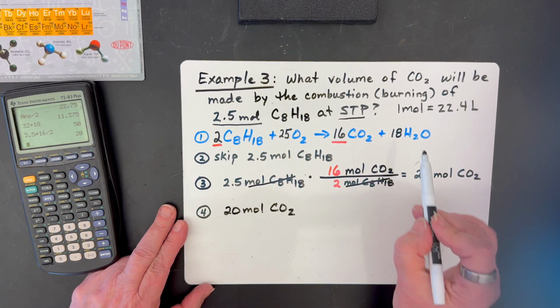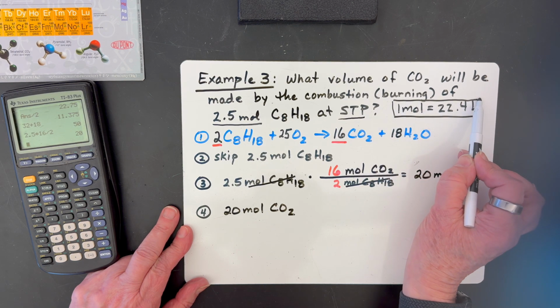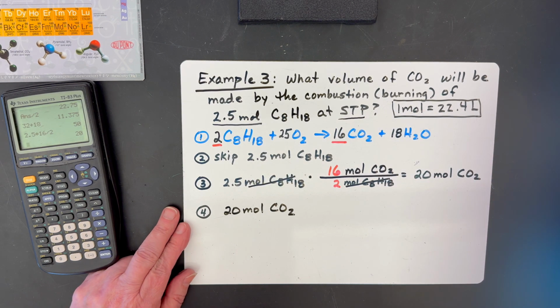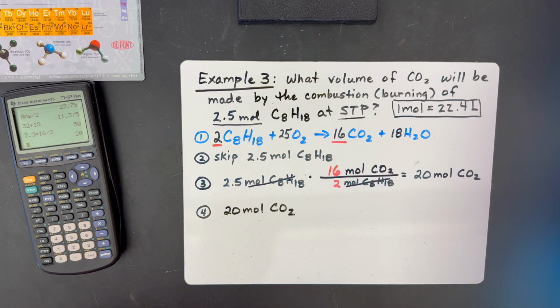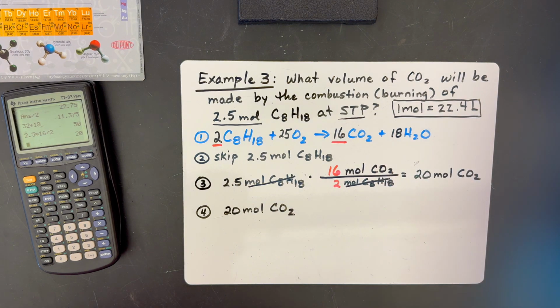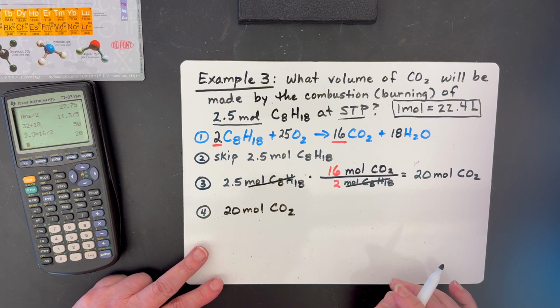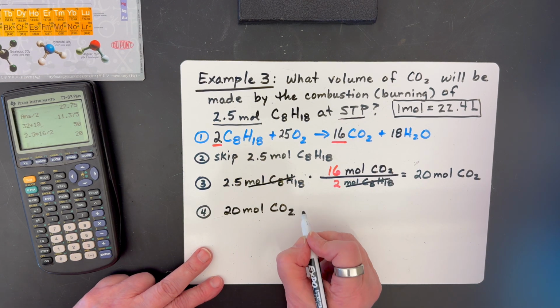So we're going to use that as our conversion factor when working our last step. If we were given liters to start, we would have used this in our first step to convert from liters to moles, but we were given moles, so we got to skip our first step.